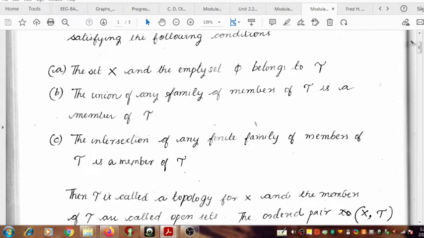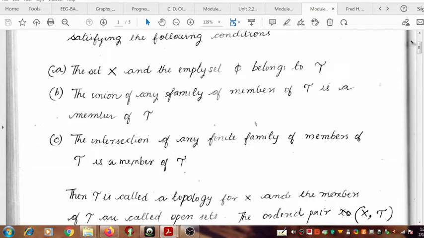If it is okay, then we can proceed to check the last condition: whether the intersection of finitely many members of the family tau is also a member of the same family. But what is the problem with taking the intersection of any family instead of finitely many members?